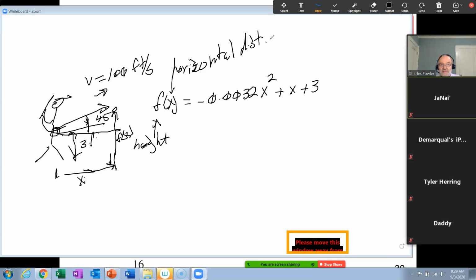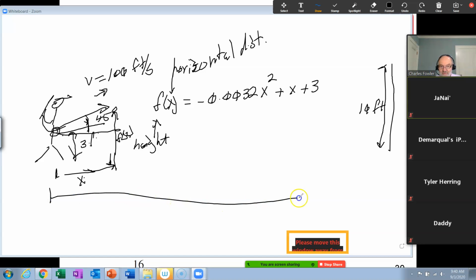Now the question is, somewhere way out here, you have a fence. Okay, and this fence is 10 feet tall. Now obviously mine's not drawn to scale, but let's just imagine that's 10 feet tall here. The distance from here to the fence is 300 feet.